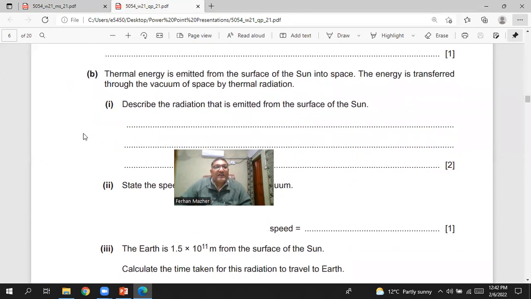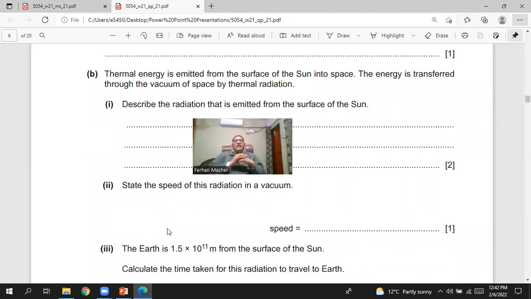It says the thermal energy is emitted from the surface of the sun into space. The energy is transferred through the vacuum of space by thermal radiation. Describe the radiation that is emitted from the surface of the sun. So the surface of the sun is very hot, and like any other hot object, the sun gives out infrared radiation.